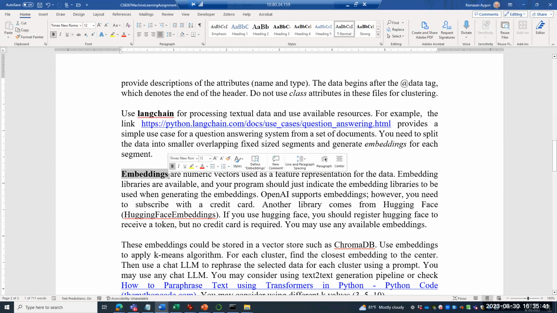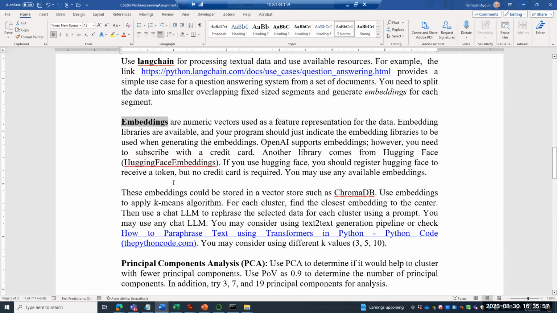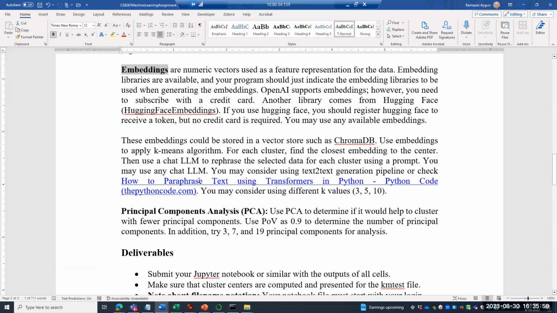For Hugging Face embeddings, you don't need to create an account. It gives you a token, and you are going to use that token to generate the embeddings. And there is a part called paraphrasing text using transformers. So you can use this part rather than the part from LangChain. You can also use how to paraphrase text using transformers in Python.